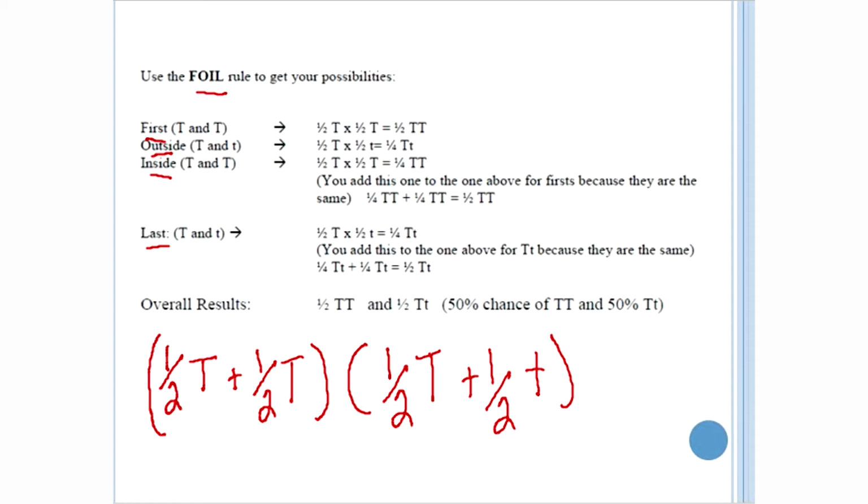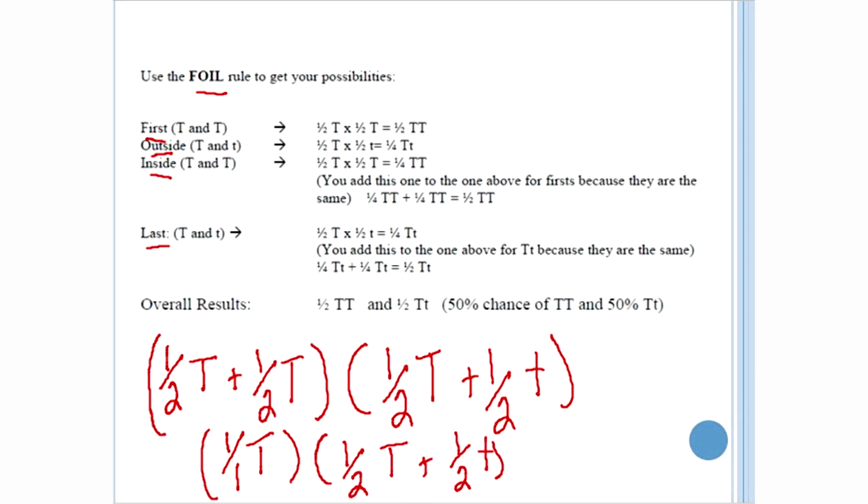We can combine these to be 1/1 big T. Multiplying that by 1/2 big T plus 1/2 little t equals 1/2 big T plus 1/2 big T little t. This is an alternative method to using the Punnett square. Either method used on your public examination for genetics problems will be absolutely fine.